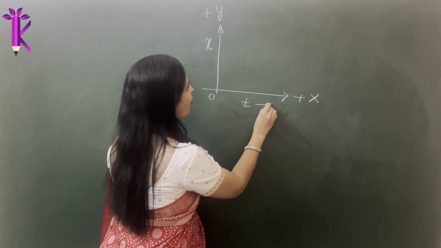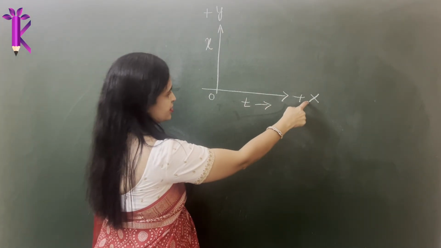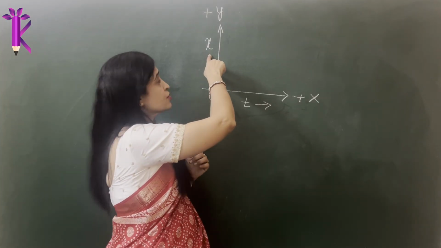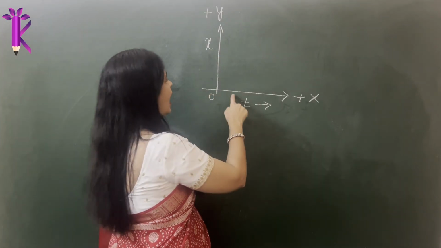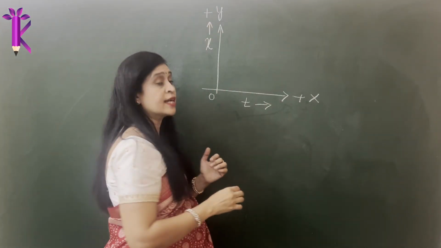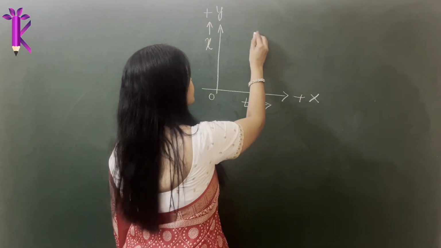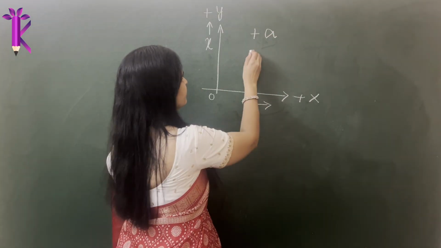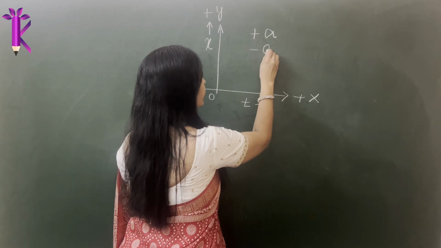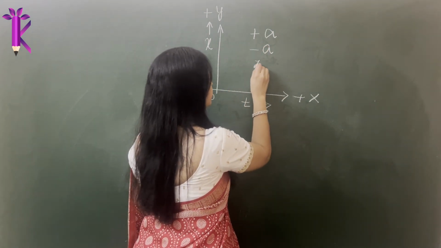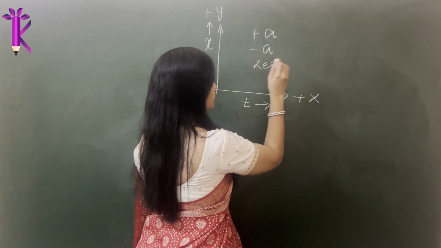So we will plot time along the positive x direction and we'll plot different positions covered by the object at different intervals of time along the positive y direction for three different cases. One is positive acceleration, another is negative acceleration, and the last one is zero acceleration.